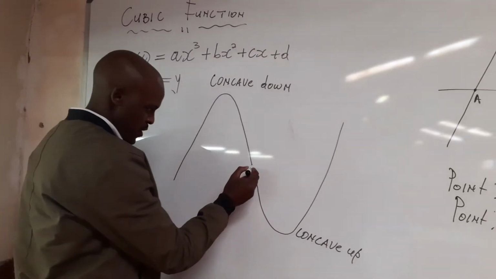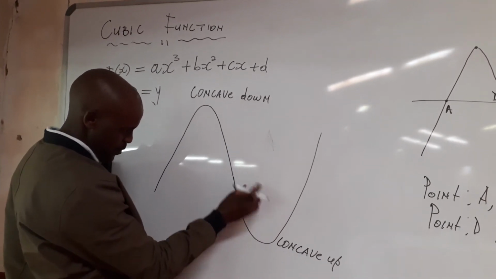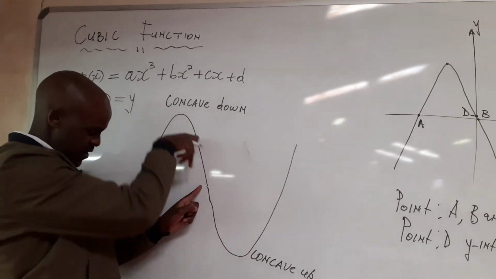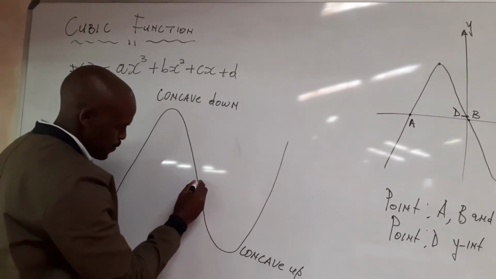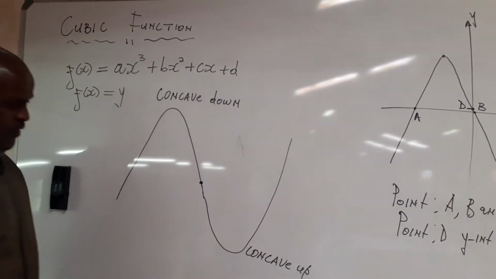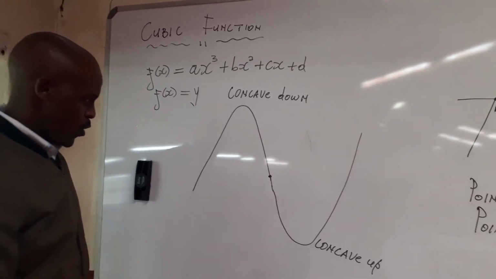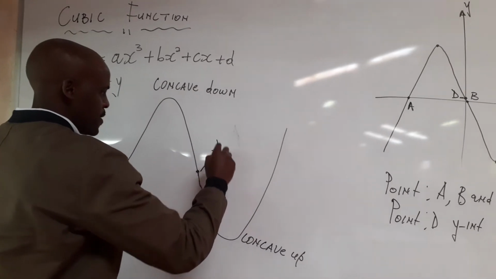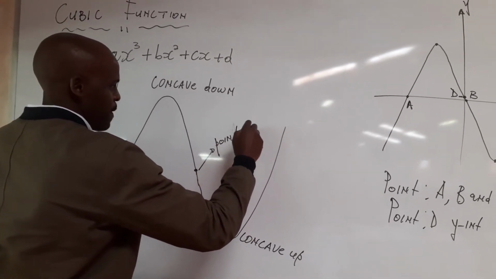So at this point, the concave up part will meet the graph of concave down here. The point where the two meet, we call that point a point of inflection. That's a point of inflection.